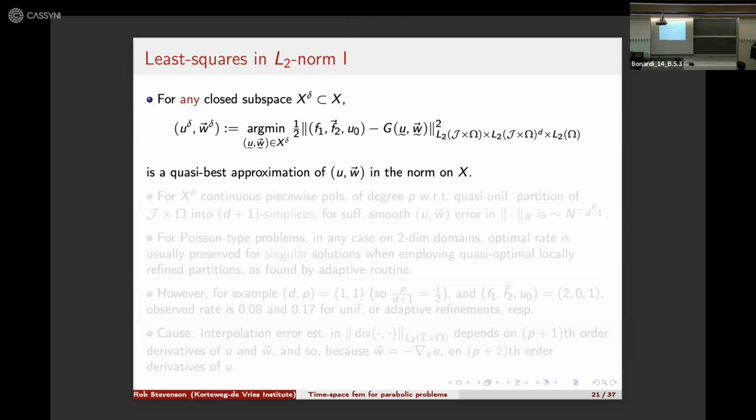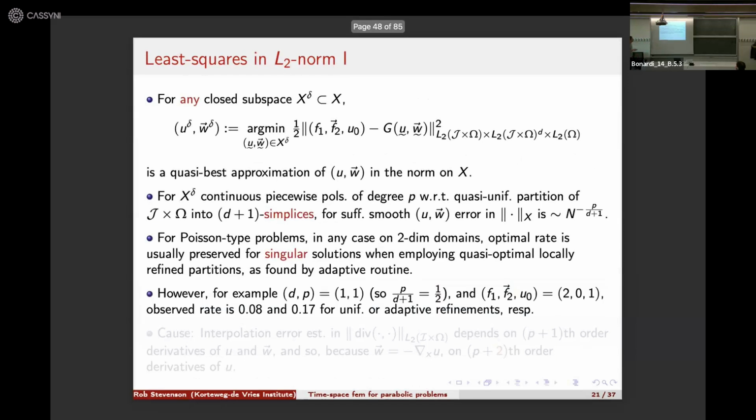Okay. And now let's have an example. If I take the spatial domain of dimension 1 and I take linears, then the best rate I would expect, if I have a smooth problem, is a half. Now I take the following data.